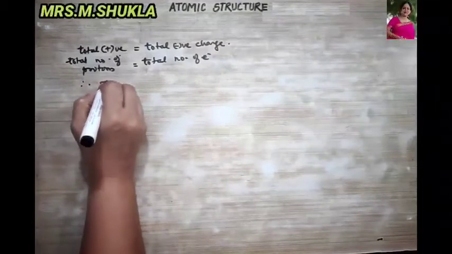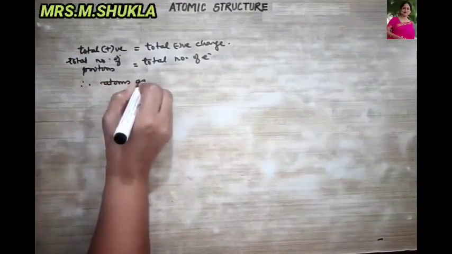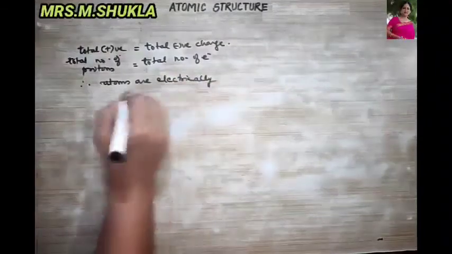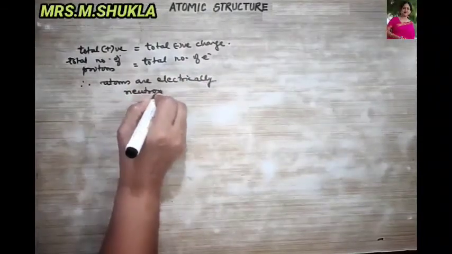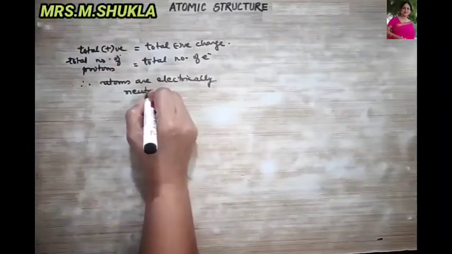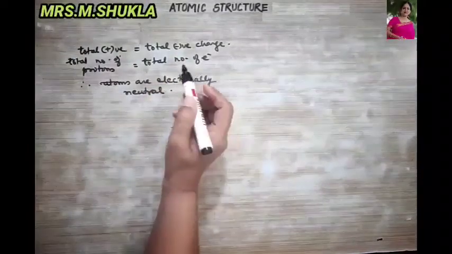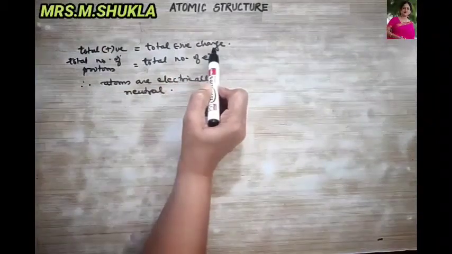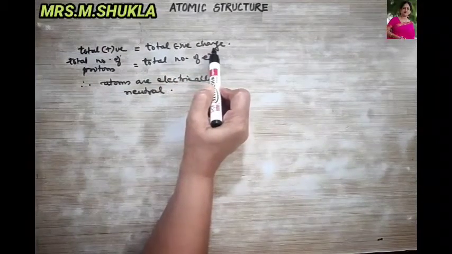Therefore, it was said that atoms are electrically neutral. Thus, now we knew that the negative charges, that is the electrons, were already discovered.